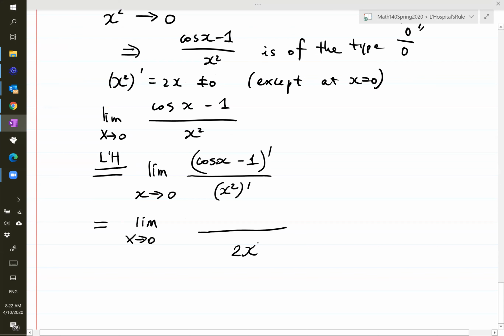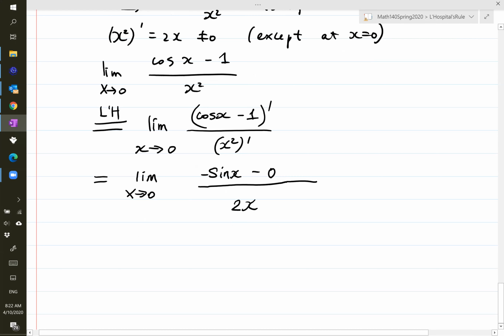The denominator is x squared, and its derivative is 2x. Now the numerator: the derivative of cosine x is negative sine x, and the derivative of 1 is 0. So this is the limit as x approaches 0 of negative sine x over twice x.